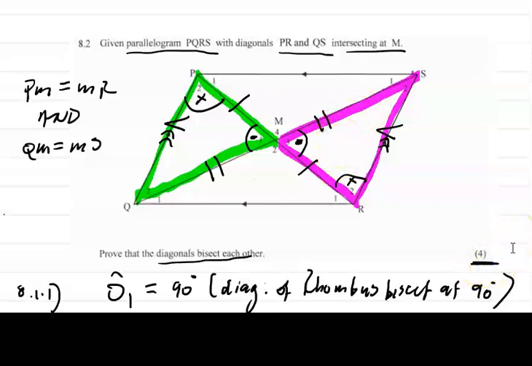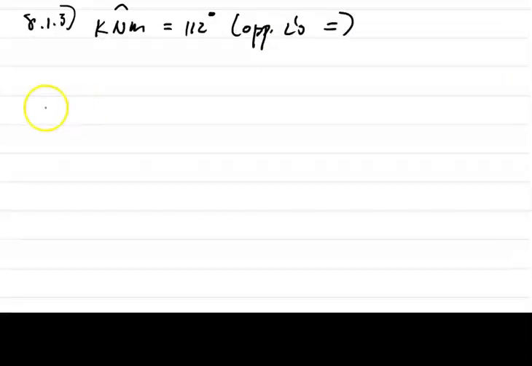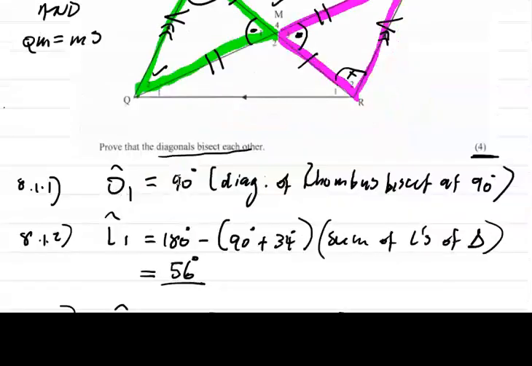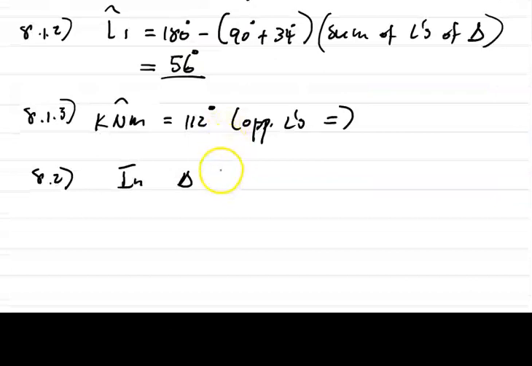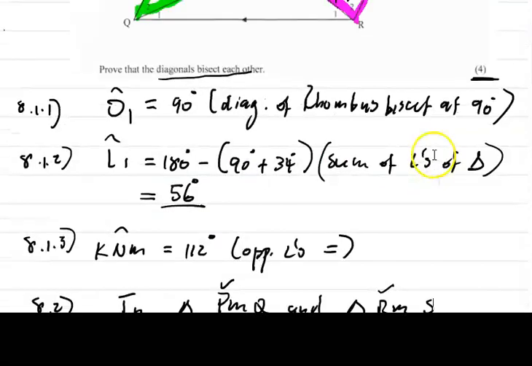So let's start off by saying this is 8.2. In triangle PMQ and triangle RMS, M is common.